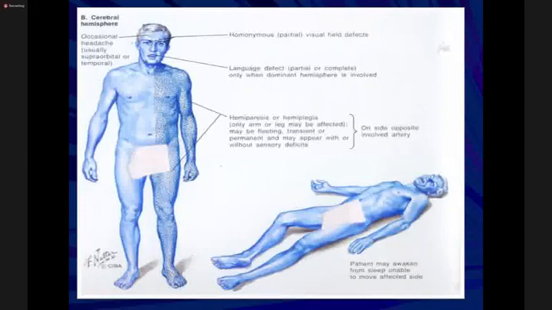So it could cause vision disturbance, speech disturbance, sensory symptoms, hemiparesis, hemianesthesia, or if it's the posterior circulation. Now, the brain is supplied by three main vessels, two carotid, one vertebrobasilar. The vertebrobasilar supplies your brain stem as well as the cerebellum as well as the occipital cortex.